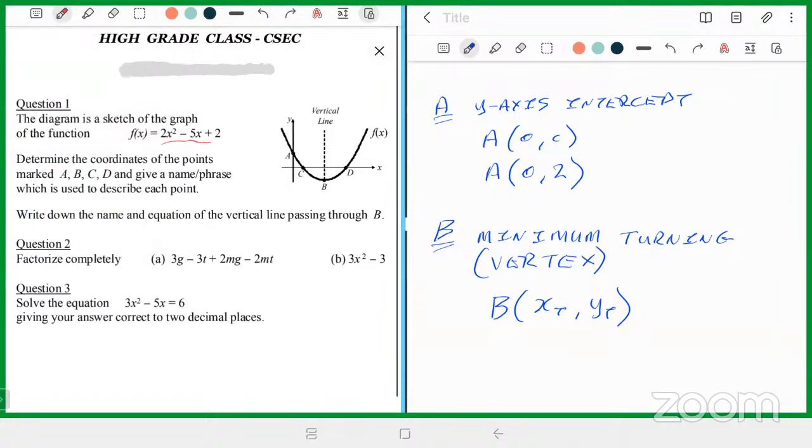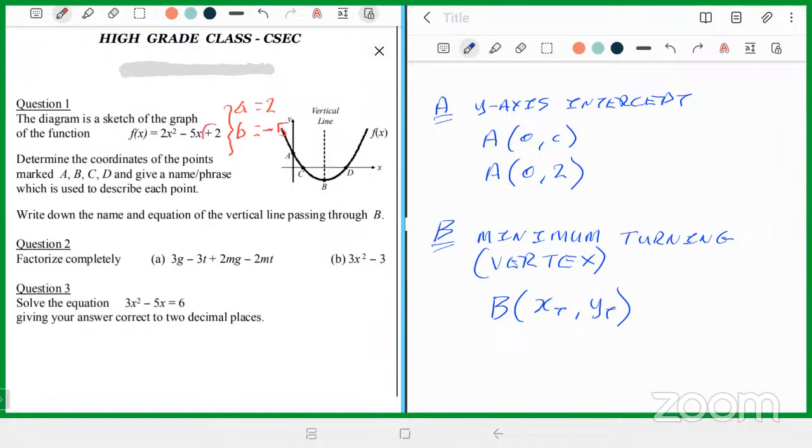Now this here is a standard form. In this standard form, the A, which is the coefficient of the x squared, is 2. So the A is 2. The B, which is the coefficient of the x, is a negative 5. You cannot ignore that negative. It's a negative 5, minus 5.